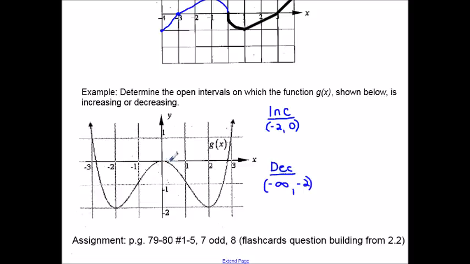The next, I'm going to decrease again from 0 to +2. So this is going to be in union with 0 to +2. And then at 2, I'm going to transition back to increasing all the way to infinity. So from 2 to infinity, I will be increasing.